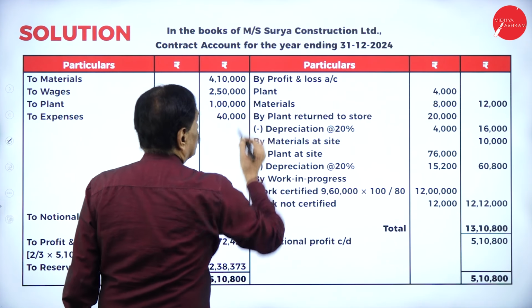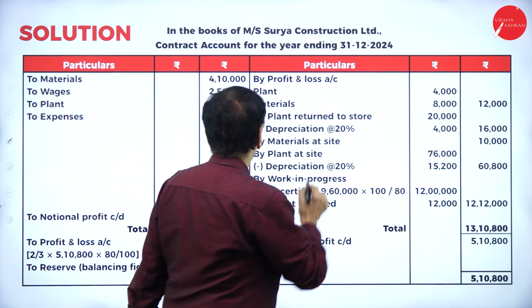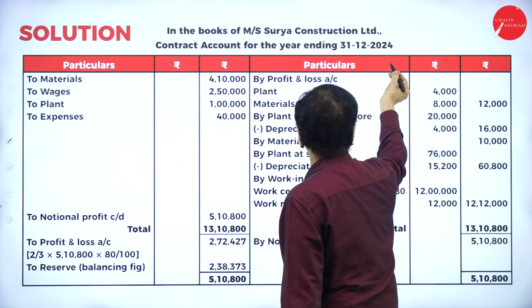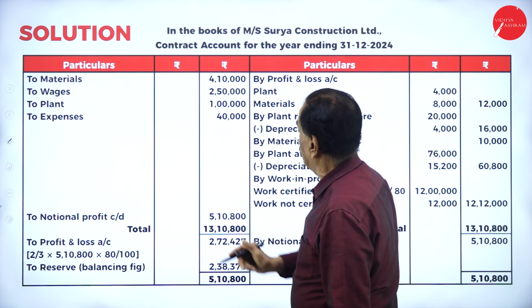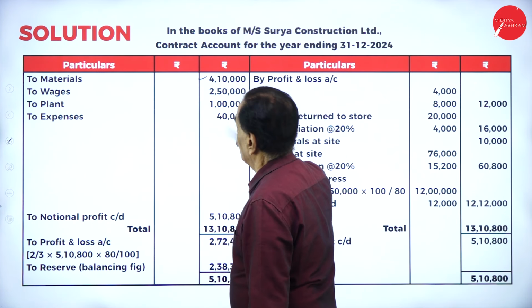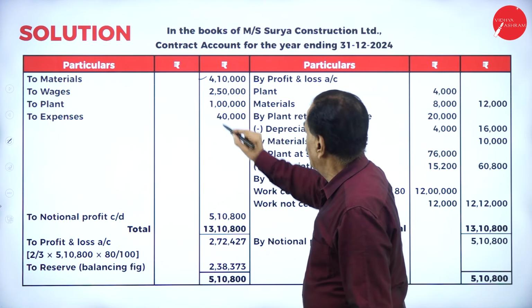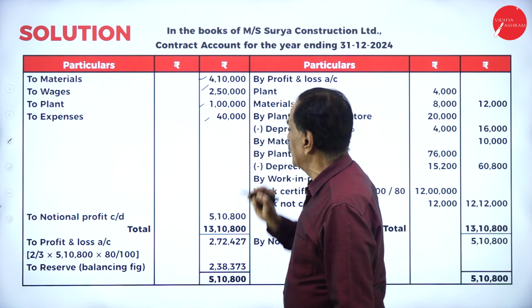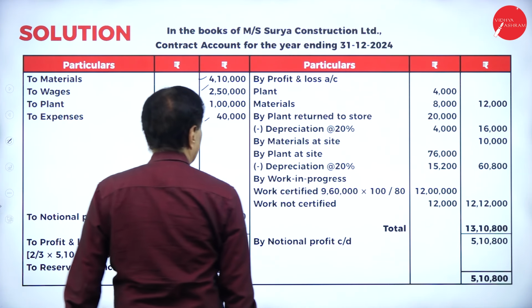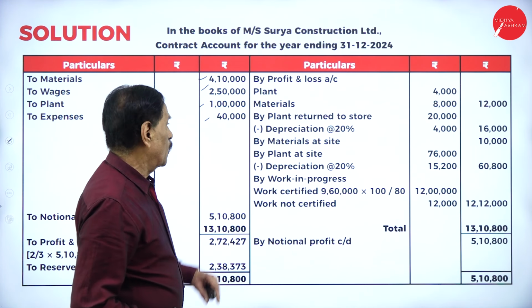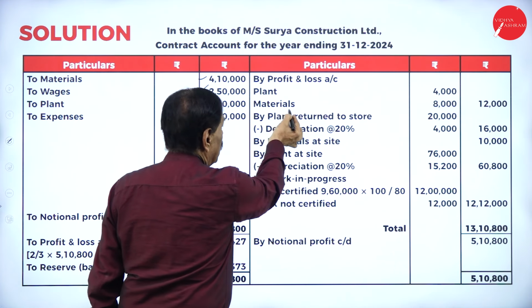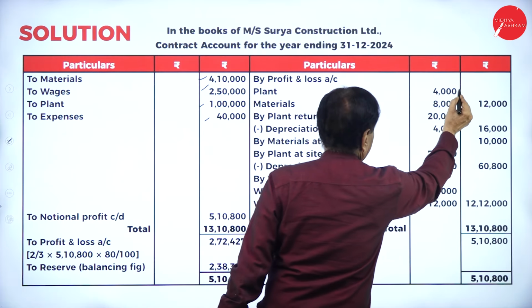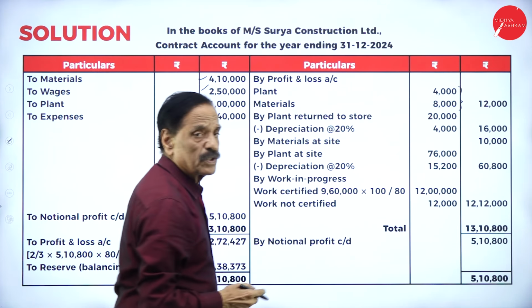In the books of Surya Construction Limited, contract account for the year ending 31st December 2025. Material cost 4,10,000, wages 2,50,000, plant 1 lakh, expense 40,000. This is an expenditure of the contract. By profit and loss account, this is nothing but plant lost, material lost, totally 12,000 is a loss.